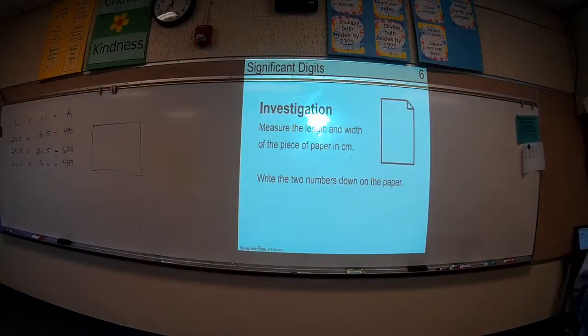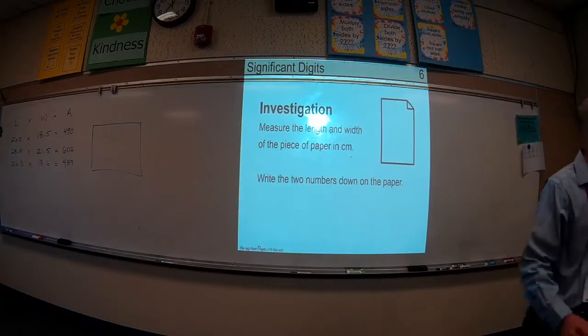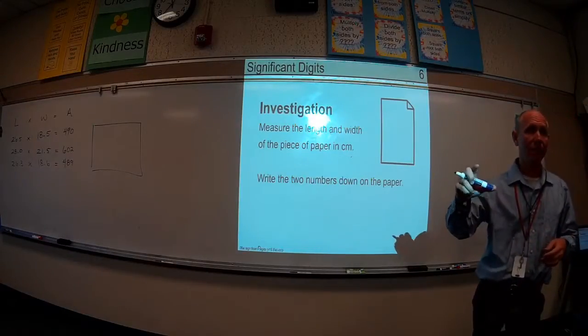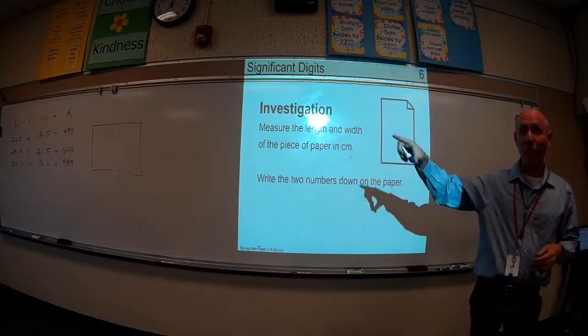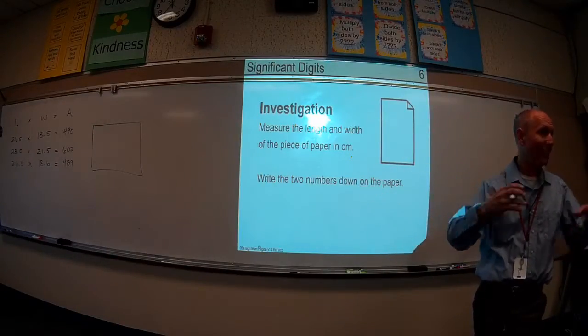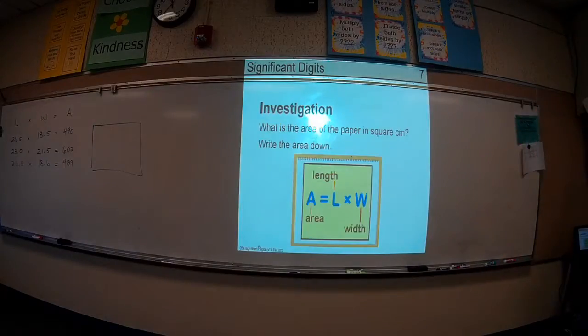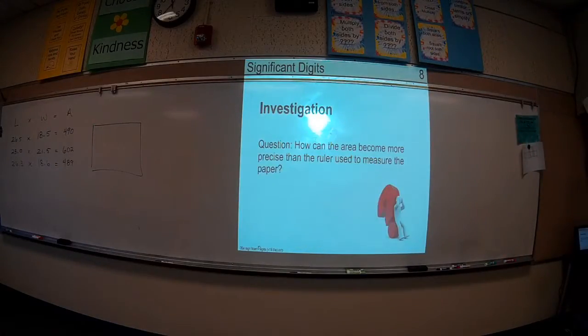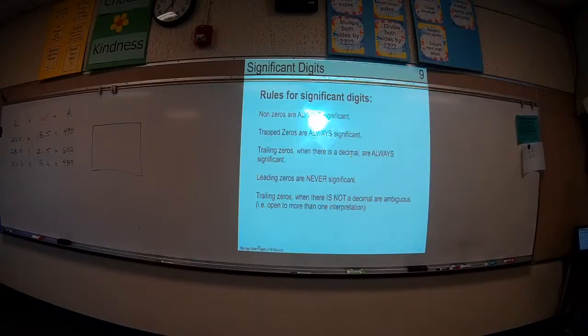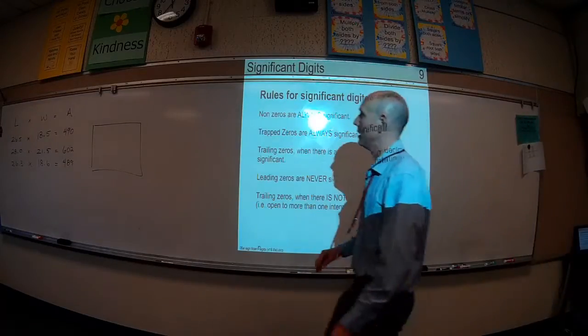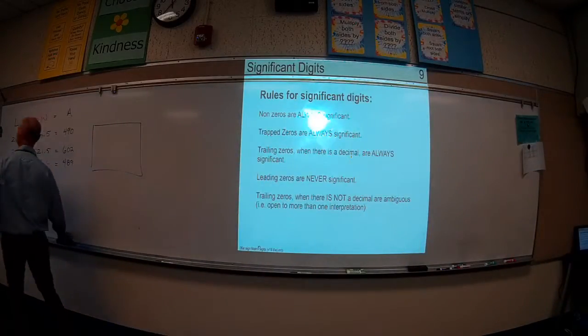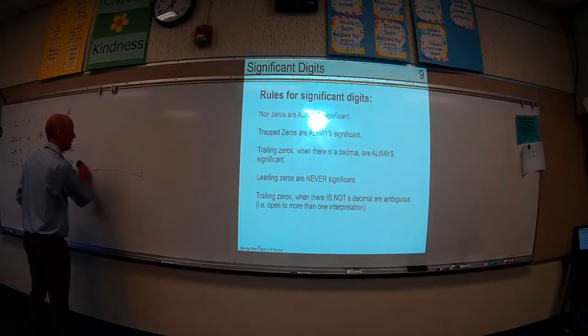This is what significant digits are. Questions so far? I haven't taught it yet. I'm just getting you ready. I'm going to teach you how to properly round in certain instances. We did that. And I taught you how can the area become more precise than the ruler used to measure the paper? It can't. So these are the rules for significant digits, also called significant figures, or sig figs.